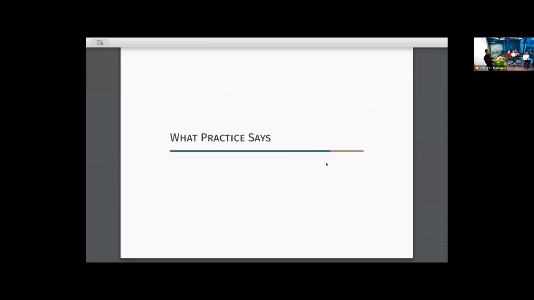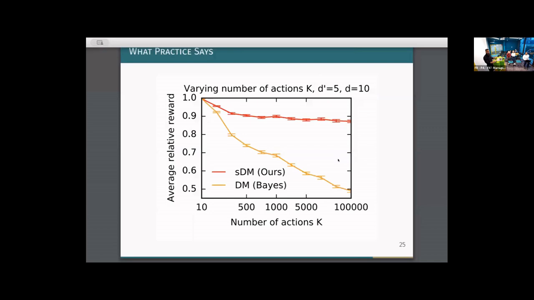And what practice says, I can't show all the experiments, but this experiment summarizes everything. On the x-axis, we have the total number of products in our problem. When the number of products increases, the problem becomes harder. On the y-axis, we have the reward of the learned policy, so the higher, the better.